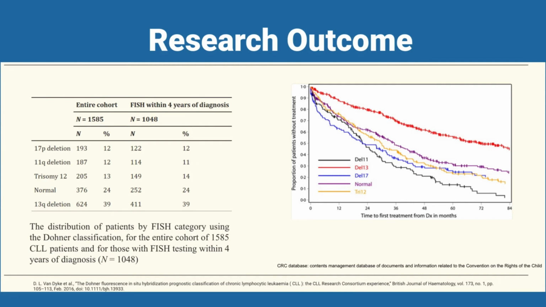This is the distribution of patient deletion in chromosomes by FISH category using Döhner hierarchical classification, and time to first treatment by FISH category for 1,048 patients who had CLL diagnosed less than 7 years before, in the research of the Döhner fluorescence in situ hybridization prognostic classification of chronic lymphocytic leukemia, showing how FISH was being applied in research.